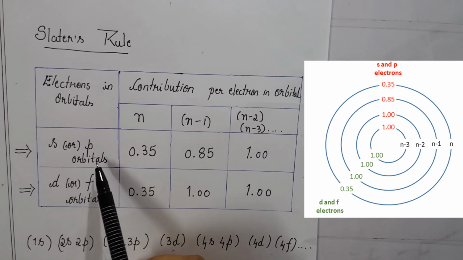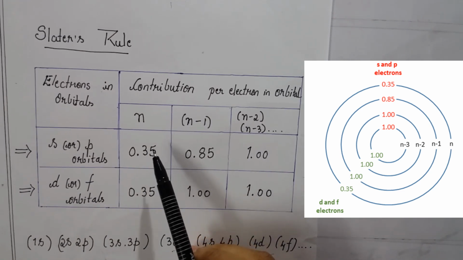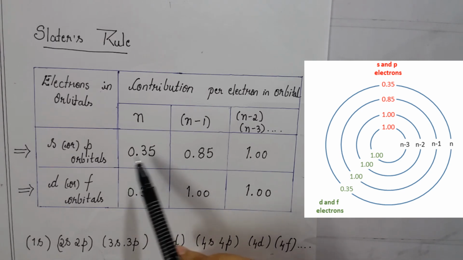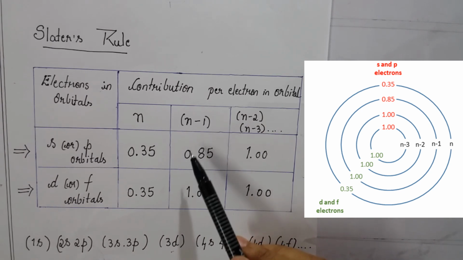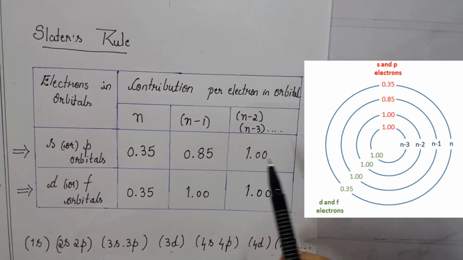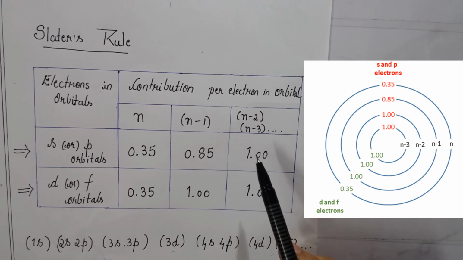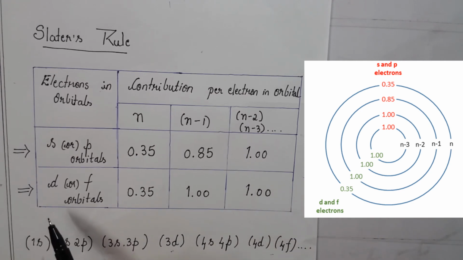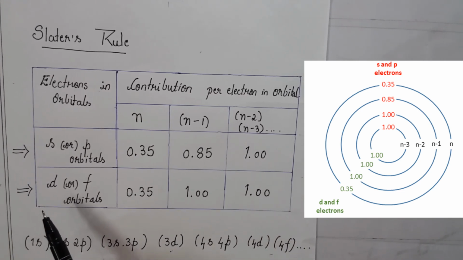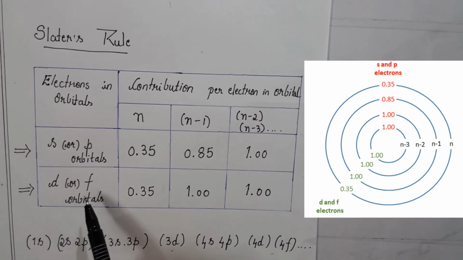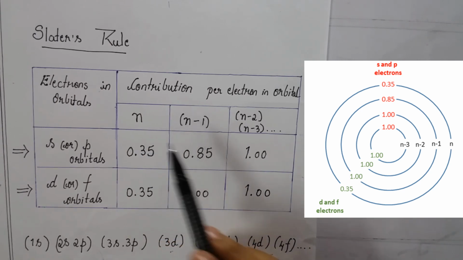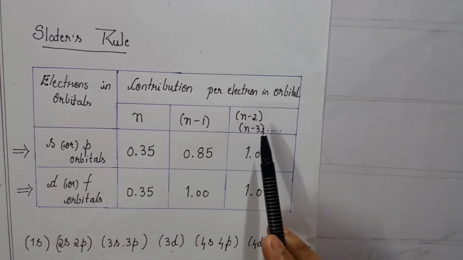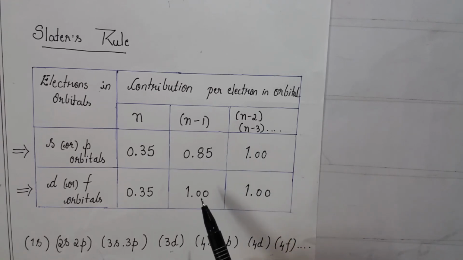For s or p orbitals, the n shell or valence shell electrons will contribute 0.35 to sigma, the penultimate shell electrons will contribute 0.85, and the anti-penultimate shell, that is n minus 2, n minus 3 and so on, will contribute 1. Similarly, to calculate the Z effective of an electron present in a d or f orbital, the n shell or valence shell will contribute 0.35, and the remaining shells, n minus 1, n minus 2 and n minus 3, will contribute 1.